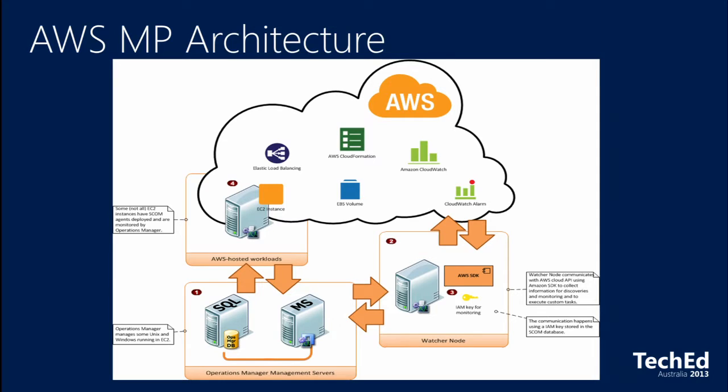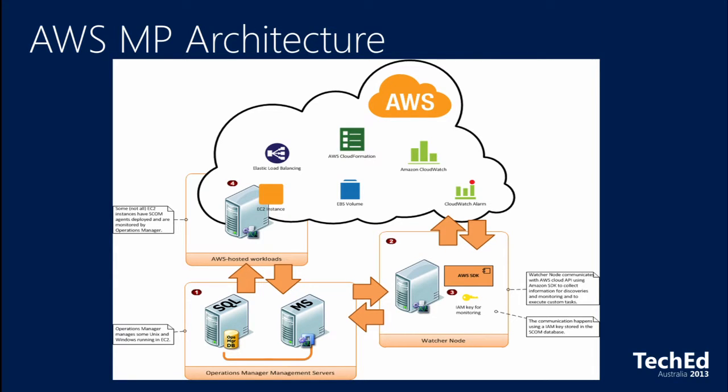This one you cannot use a proxy server to go through, so it needs direct access out. It needs the Amazon Windows SDK installed on it as well, and .NET Framework. And basically the monitoring is done from that watcher node, so it makes API calls up directly to the Amazon services, the console, and also the CloudWatch API.